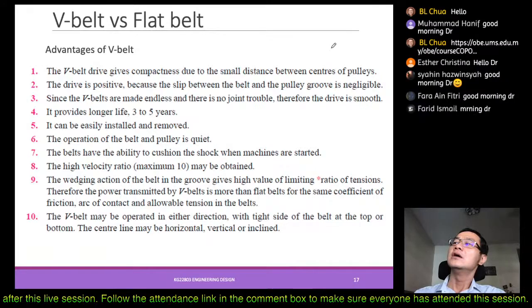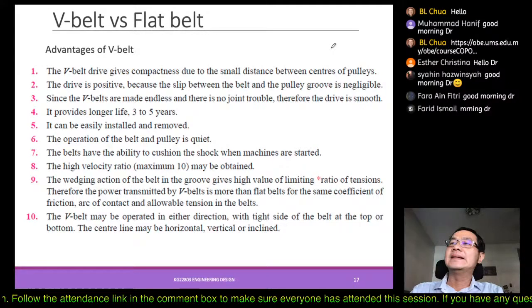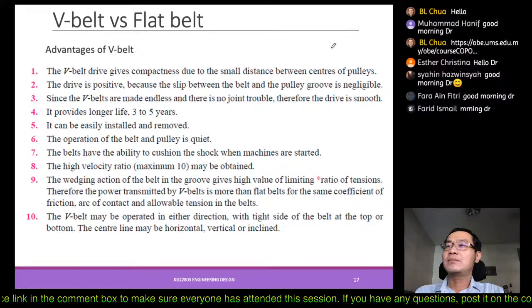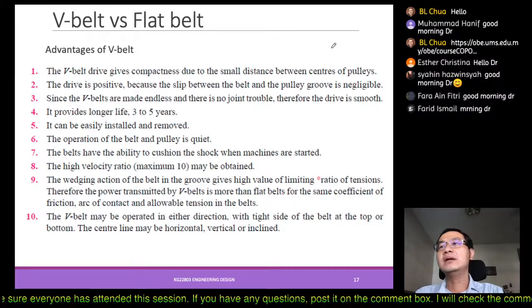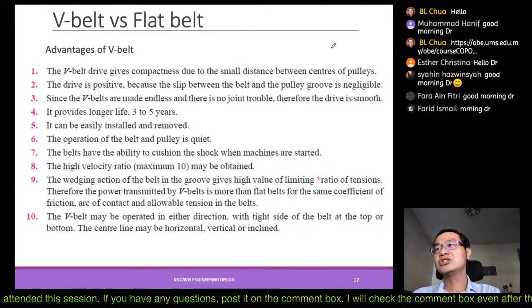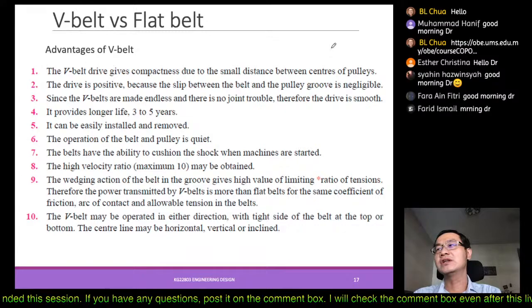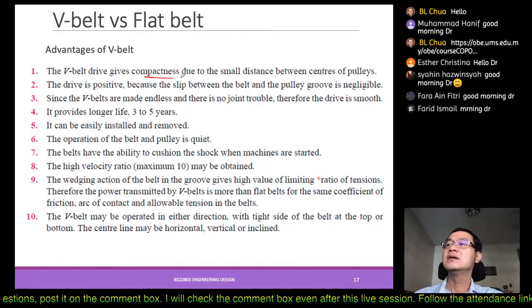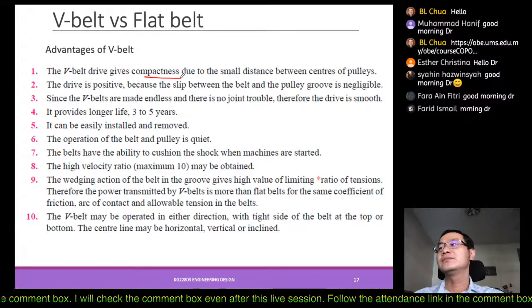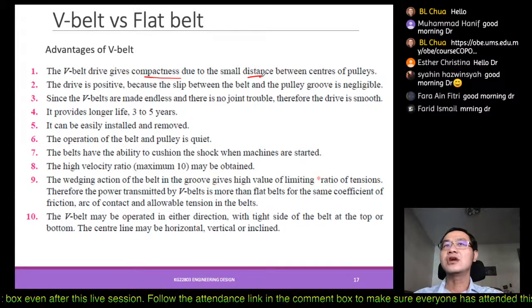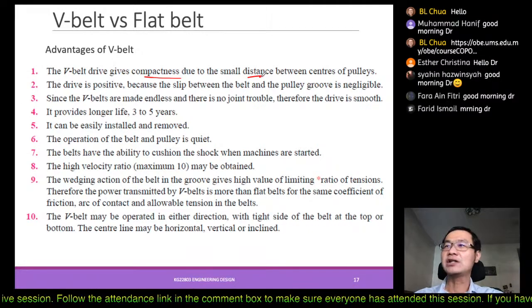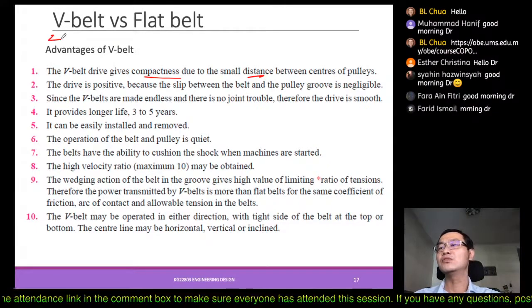So again, the V belt and the flat belt, why are V belts more common? Because they have several advantages over the flat belt. That includes the compactness. The compactness means you can have a smaller distance because of the larger contact area, due to the V shape itself.